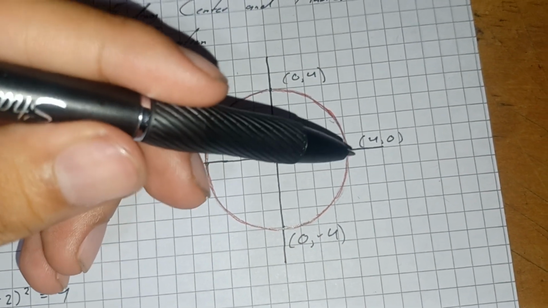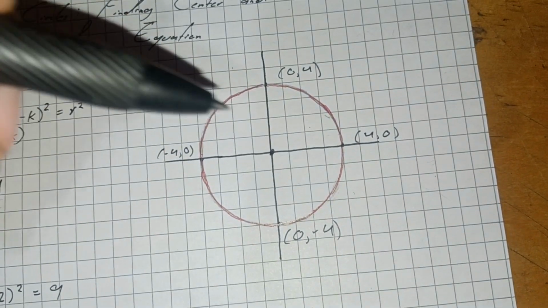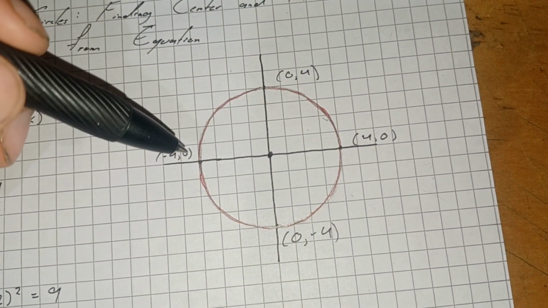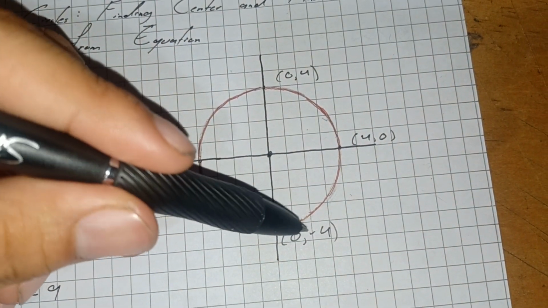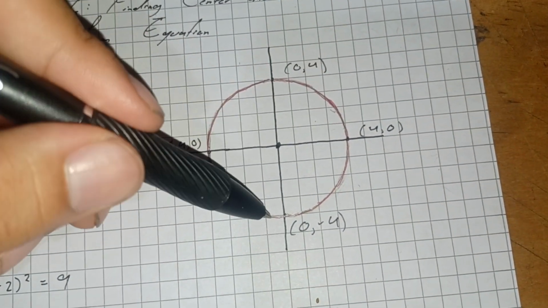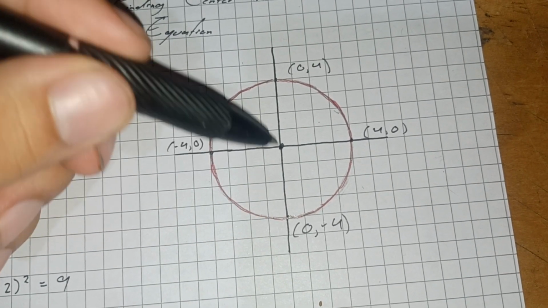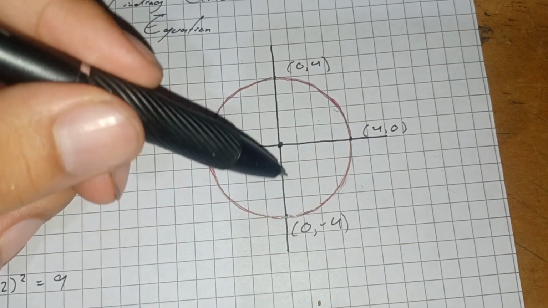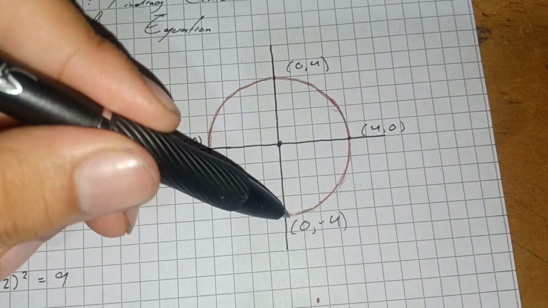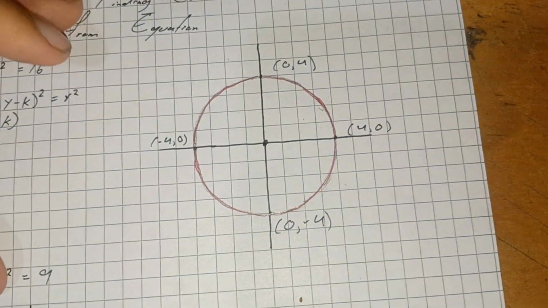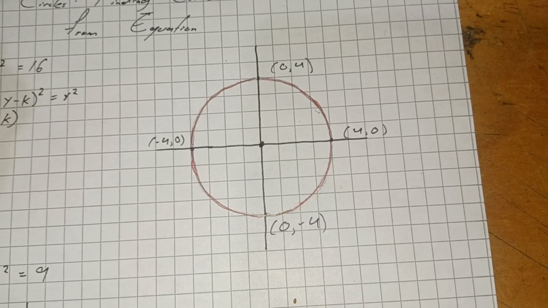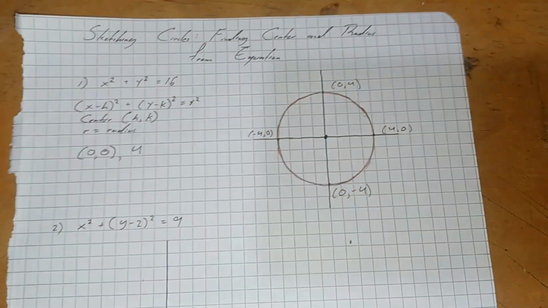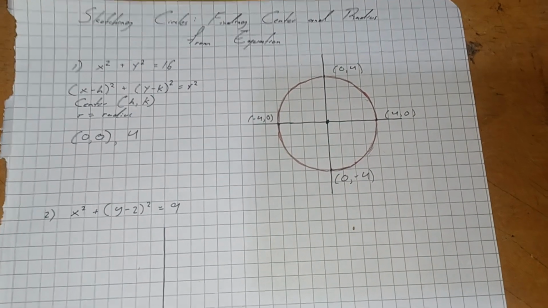X is 4, y is 0. We have negative 4, 0. X is negative 4, y is 0. And we have 0, negative 4 right here. So basically we have that for our first problem.